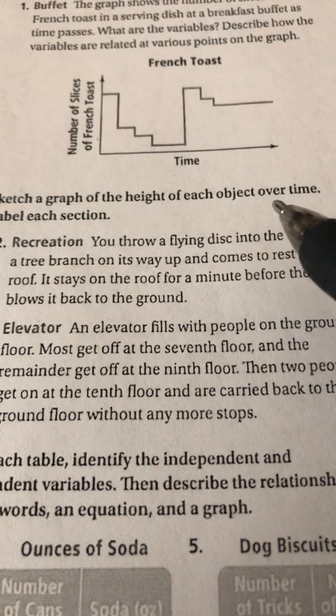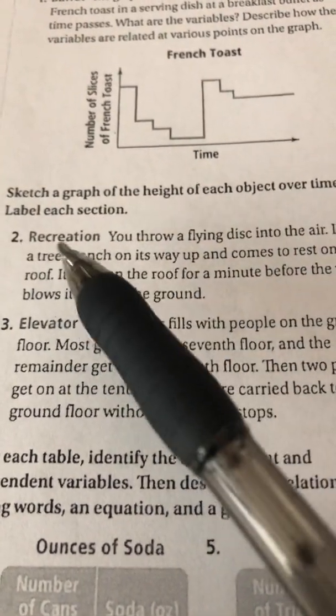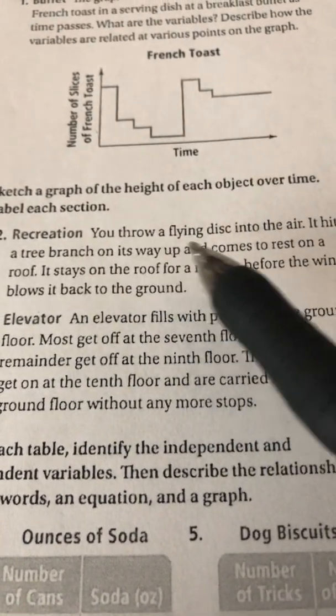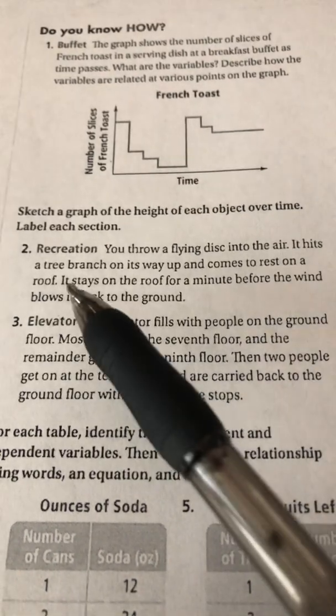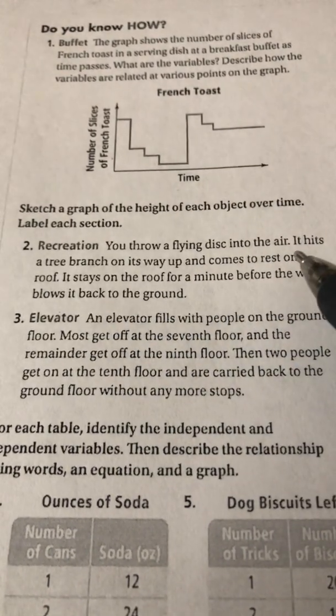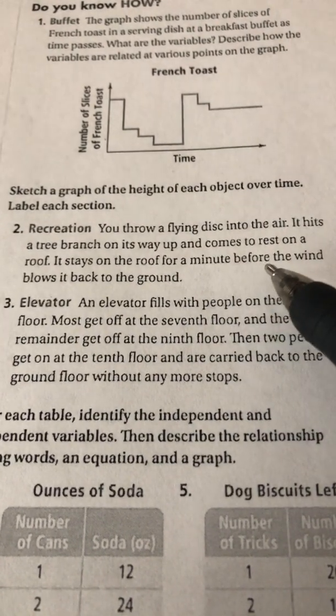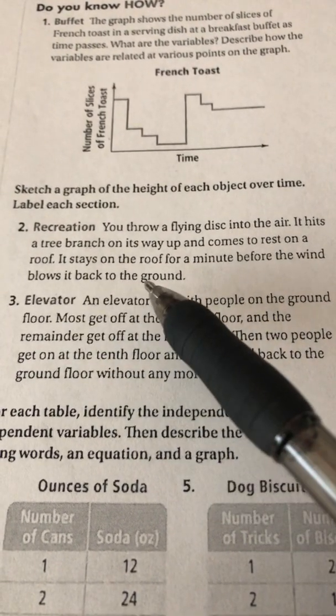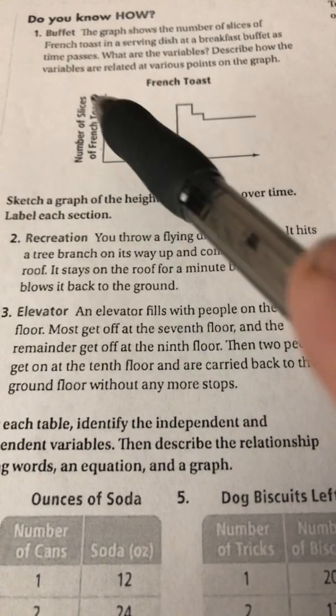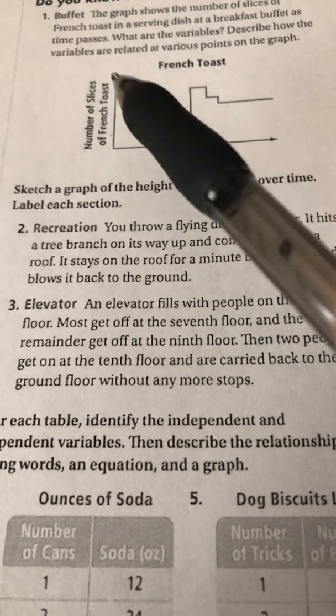Moving on to number 2, it says sketch a graph of the height of each object over time and label the sections. So for number 2, you throw a flying disc into the air, it hits a tree branch on its way up and comes to rest on a roof. It stays on the roof for a minute before the wind blows it back to the ground. So you're going to want an L graph like this.